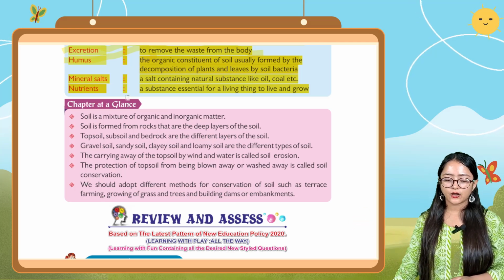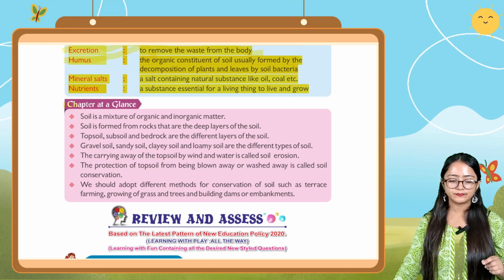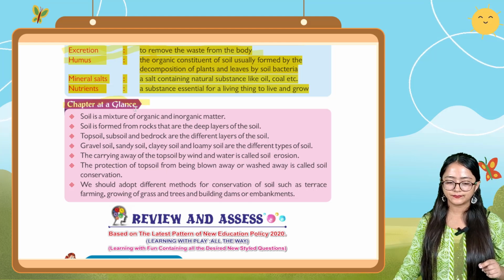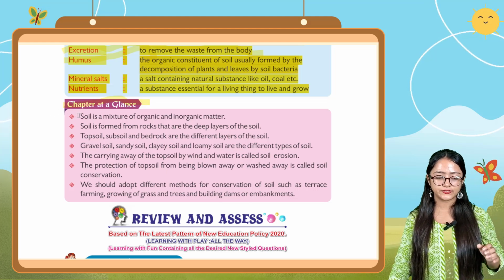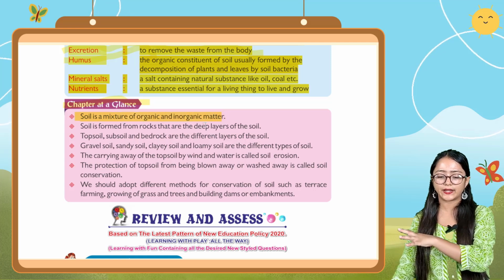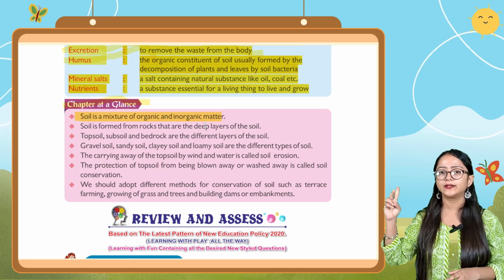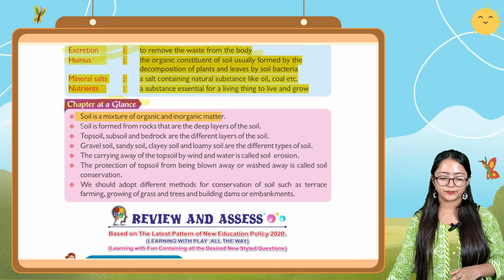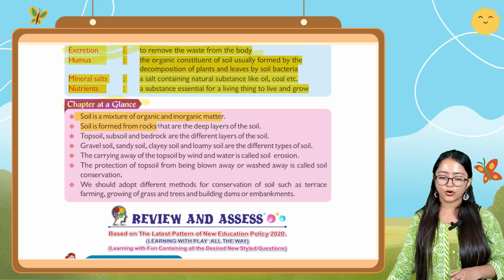Now we come to the point, chapter at a glance. The first one: soil is a mixture of organic and inorganic matter. Soil is formed from rocks.